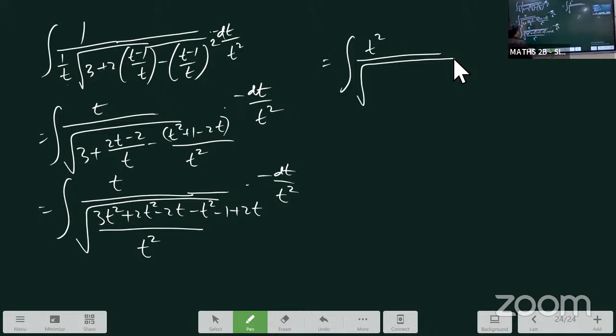3 plus, so what I was left with is, okay, this 2t gets cancelled, and this is 3t square plus 2t square minus t square. 5t square is 4t square.